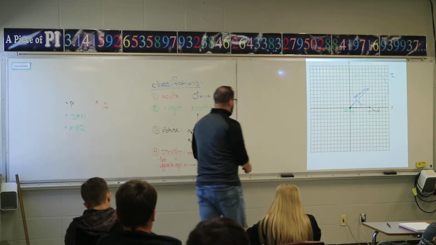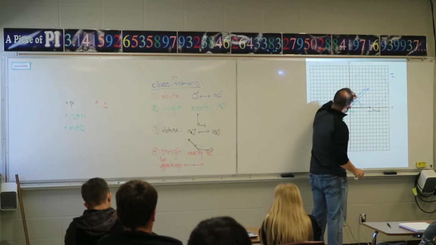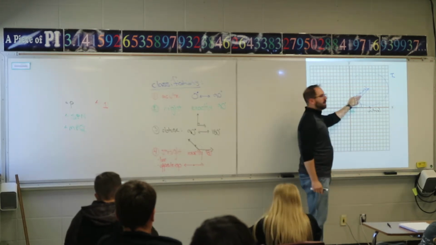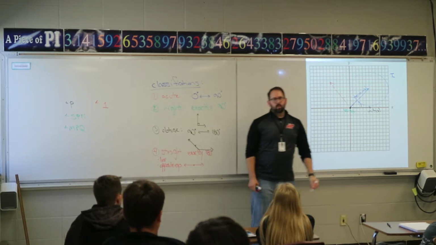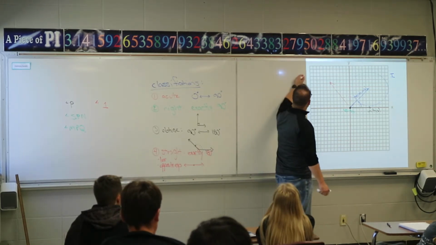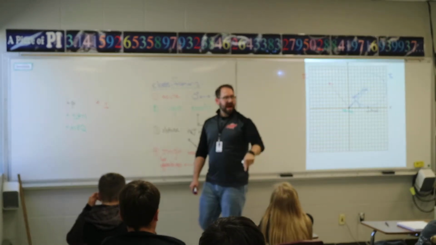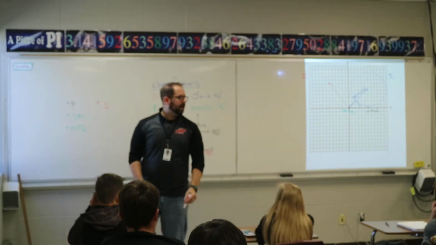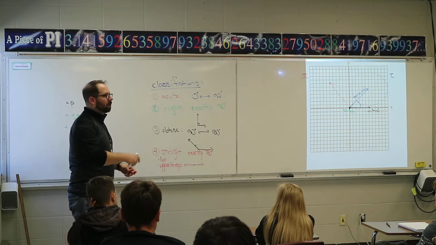If I kept opening, and I opened up my angle even further, so I didn't just stop here, I kept going until I went this way. What quadrant is that? 2, for a reason. Because that's the second box you hit when you draw angles in the same position. That's actually the reason why they number them counterclockwise.